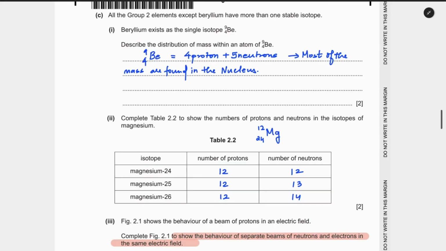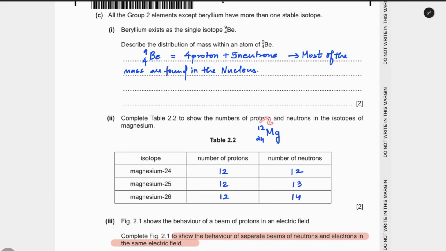Complete the table to show the number of protons and neutrons in the isotopes of magnesium. For magnesium, it is 12 Mg 24. 12 is the atomic number and 24 the mass number, which you can get from the periodic table. So the isotopes are 24, 25, 26. Isotopes have the same number of protons and electrons but a different number of neutrons.